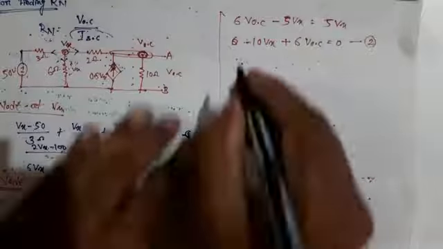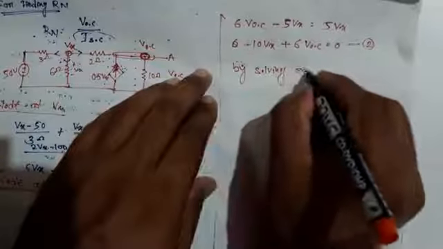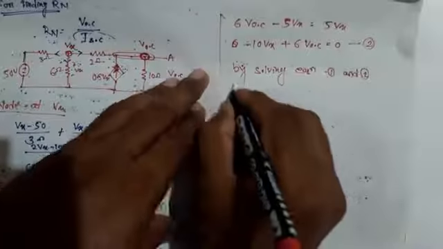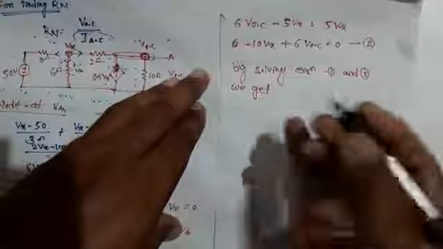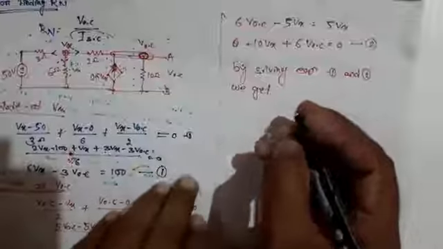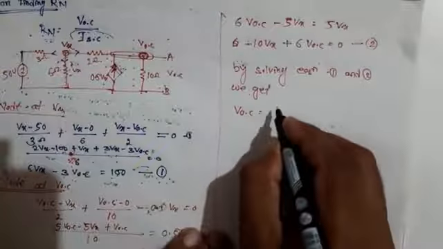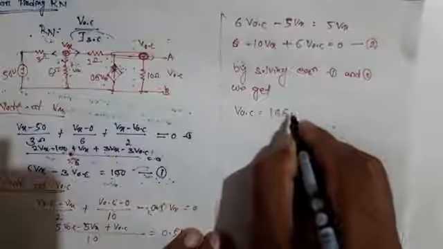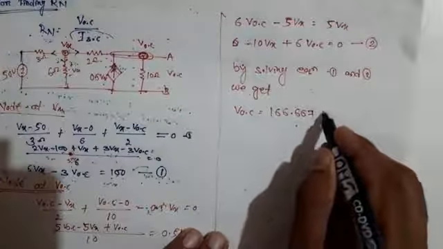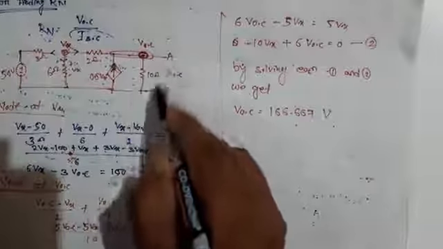By solving equations 1 and 2, we get, only we need this VOC, so VOC is equal to 166.667 volt. This is our open circuit voltage. This node voltage is also known as the open circuit voltage.